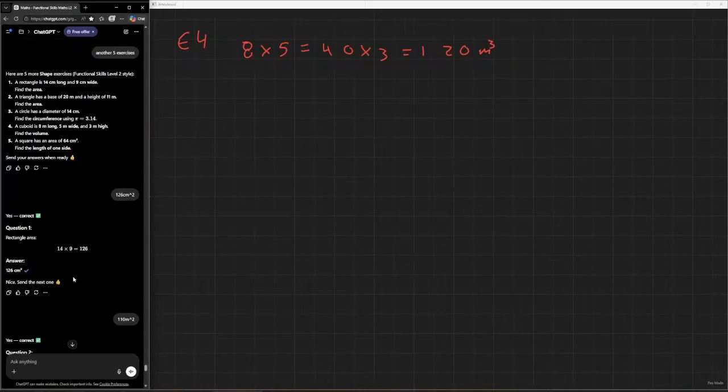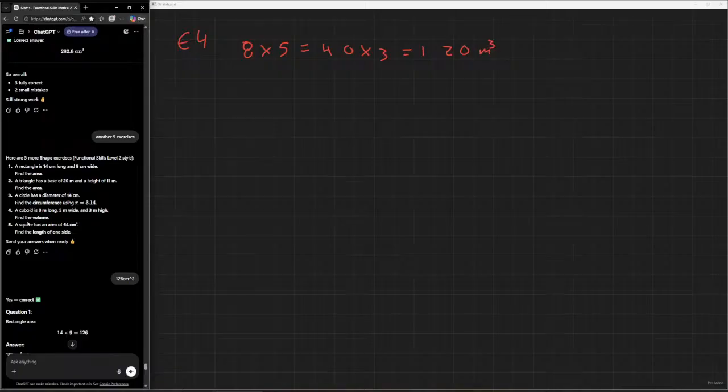All right, moving on. So we did 4, now we go to 5. A square has an area of 64 centimeter. Question 5.